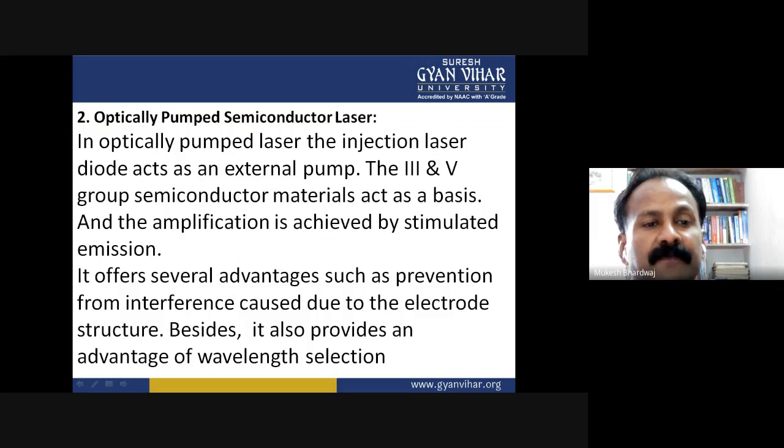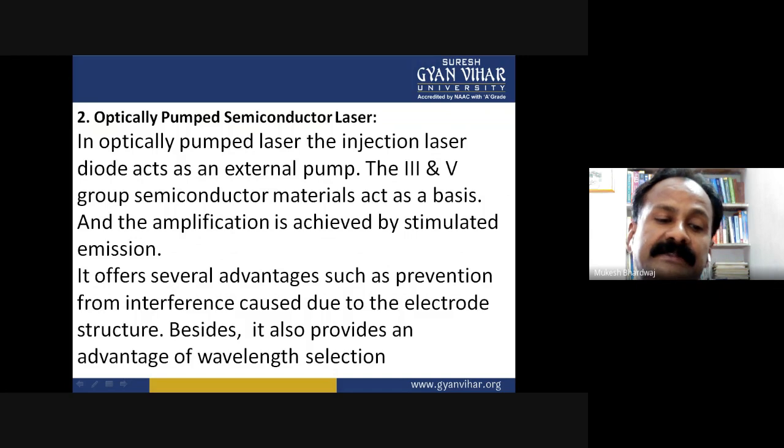The third and fifth group semiconductor material act as the bases, and the amplification is achieved by stimulated emission. It offers several advantages such as prevention of interference caused due to the electrode structure. Besides, it also provides an advantage of wavelength selection.